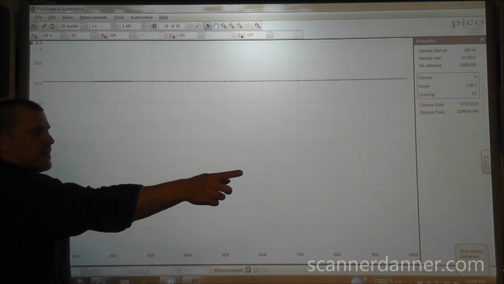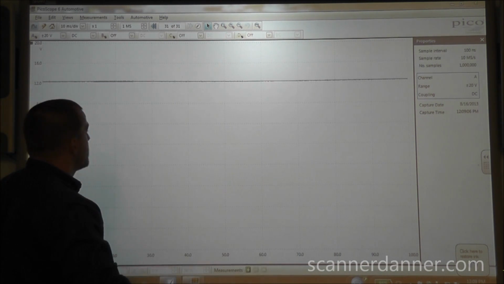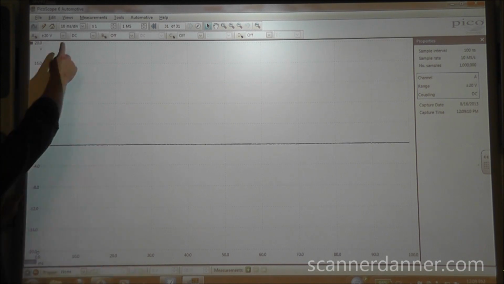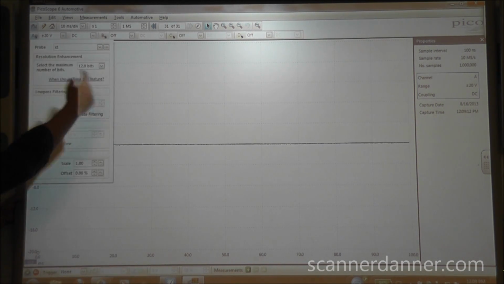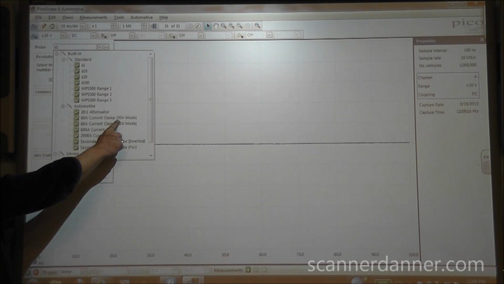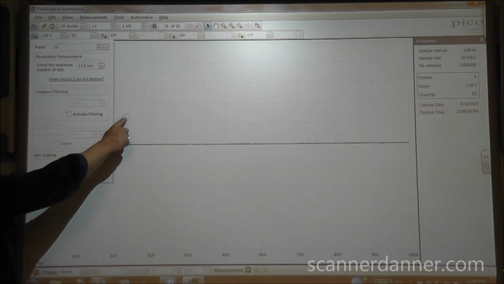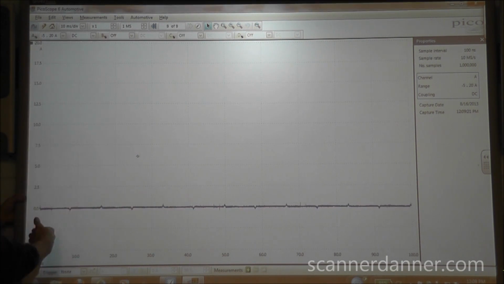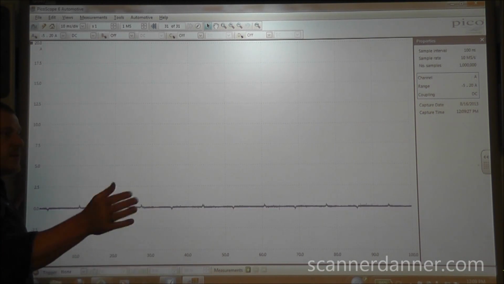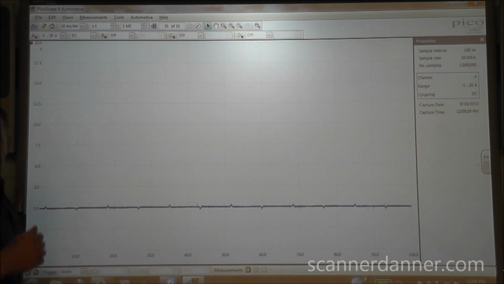So take the lead off the battery for me. Thank you. What I'm going to do is tell my scope what I'm using, and I'm going to use my 60 amp current clamp in the 20 amp mode. The nice thing about that is I don't need to do the math now. I don't have to do 100 millivolts equals 1 amp and then do all my math to figure out what my amperage actually is.